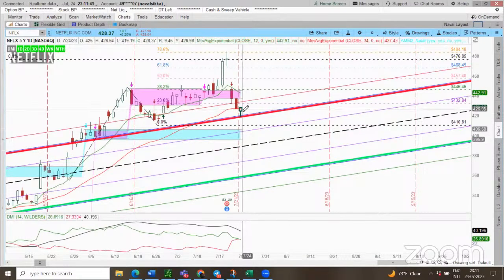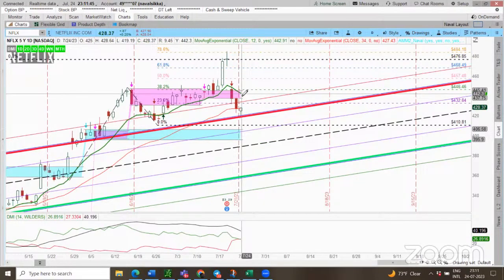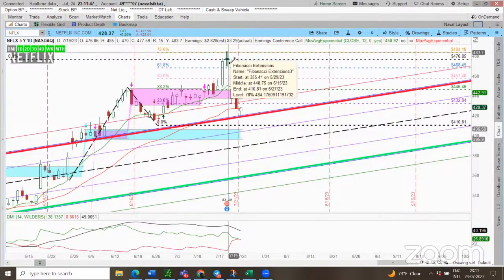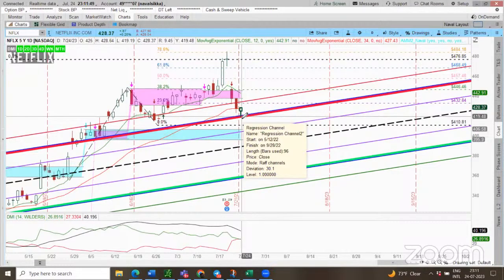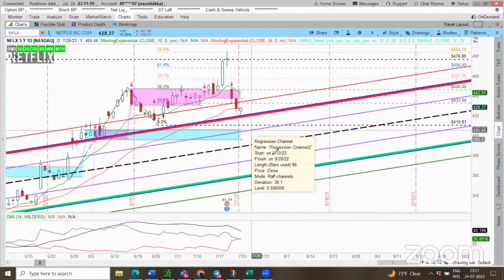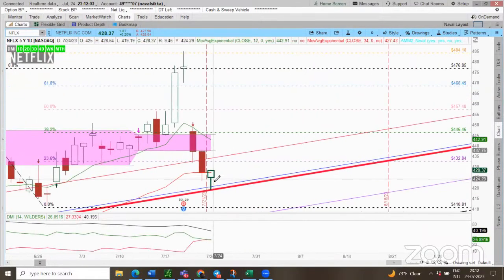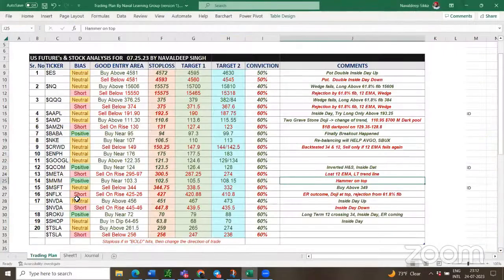If yes, then we should see 443 on Netflix, because we came back from 484 to 418, 419. That's a good area. But if we lose 419 again, we are looking to fill the gap at the 380s. So Netflix, for me, again, it's a hammer at the bottom. It's a good sign. So Netflix is going from neutral to turning positive.